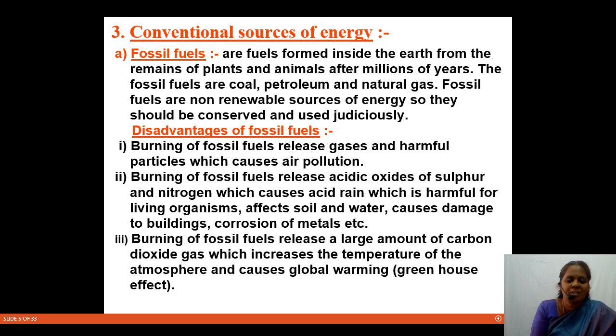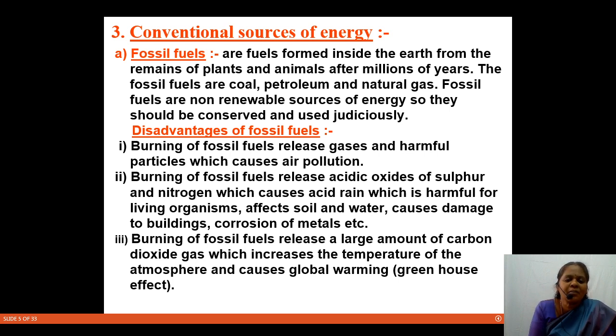They are fuels formed inside the earth from the remains of plants and animals after millions of years. The fossil fuels are coal, petroleum, natural gas. Fossil fuels are non-renewable sources of energy, so they should be conserved and used judiciously.